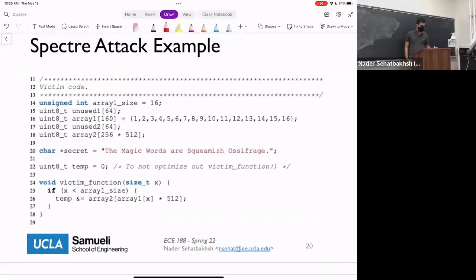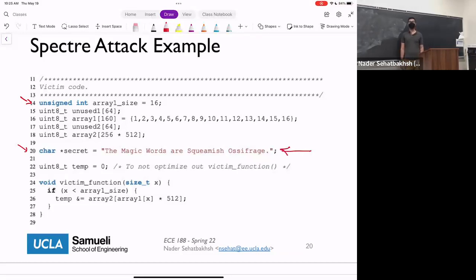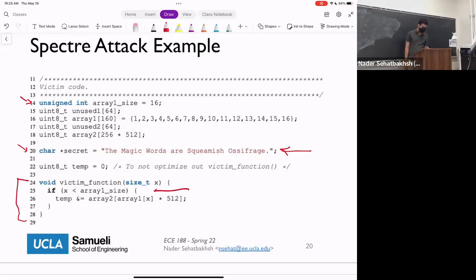Okay, and the victim code has a bunch of different arrays. And it has some sort of secret value, and the attacker is interested in extracting this secret value. So there is some sort of vulnerability, some victim function that has a branch, and in that branch it's accessing another array.